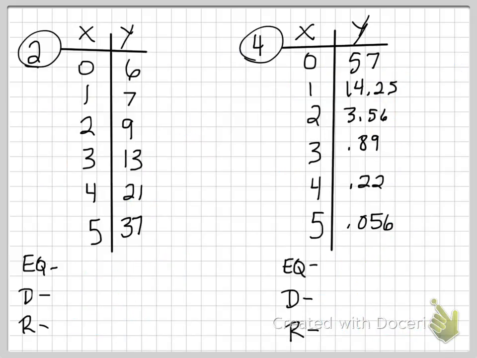Now let's do number 2 and number 4. Number 2. Put the numbers in the calculator into Stat Edit. Now go to Stat Calc, scroll down to EXP Reg. So I notice as I'm putting my numbers in, as my x is increasing, my y's are increasing. So that's a growth. So I'm expecting a whole number for my base.